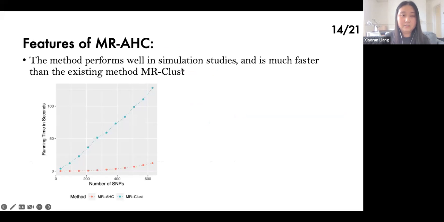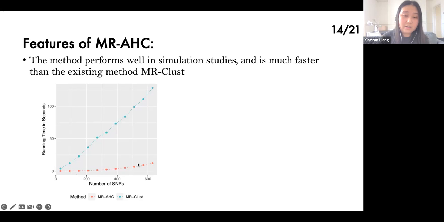We have conducted simulation studies. Our method performed well in discovering the SNP clusters, and it is much faster than the existing method, MR-Clust. This is the figure showing the running time of those 2 methods. On the x-axis, we have the number of SNPs, and on the y-axis, we have the running time in seconds.